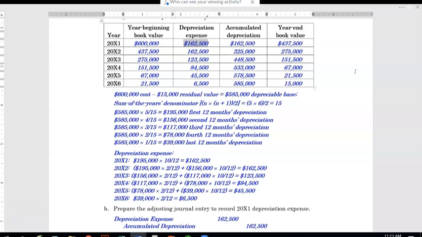So combined here, accounting 10 and accounting 104B, we cover 4 books in accounting 10 and 3 books in accounting 104B. That will be 7 books, which is good enough to pass your certification exam.